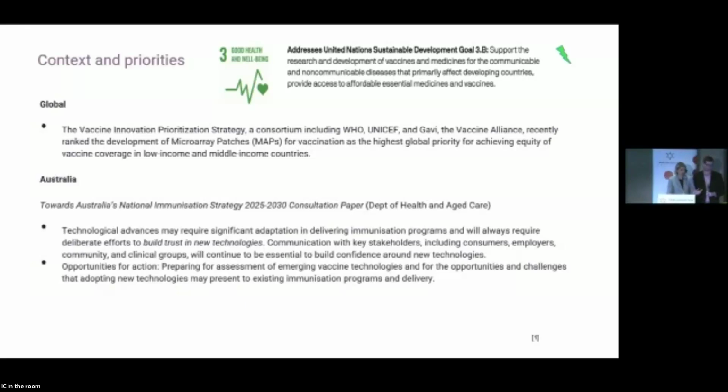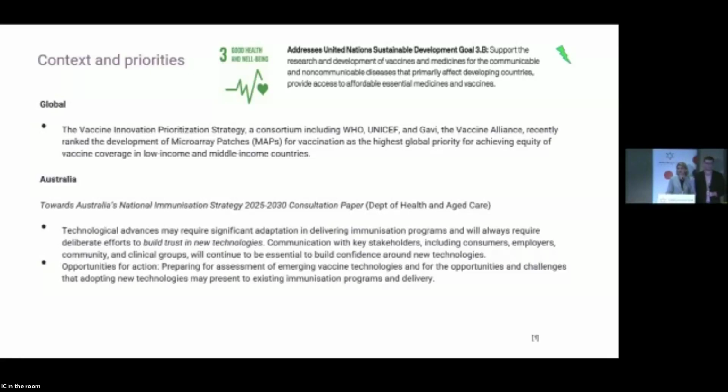And within Australia, I'm sure many of you have probably seen this too. I recently submitted some feedback on a consultation paper, which is called Towards Australia's National Immunisation Strategy for 2025 to 2030. And in that consultation paper is mentioned the following. So technological advances may require significant adaptation in delivering immunisation programs, and will always require deliberate efforts to build trust in new technologies.